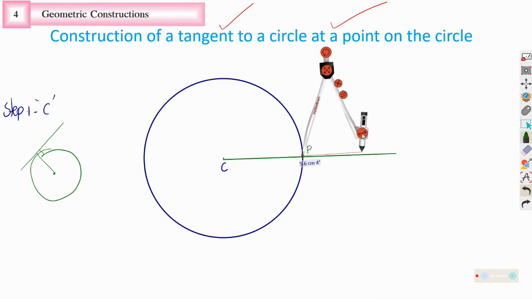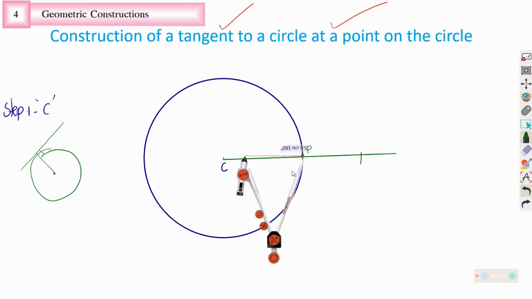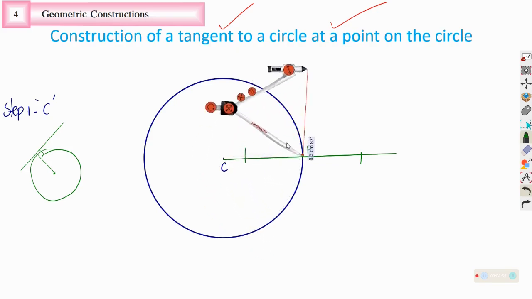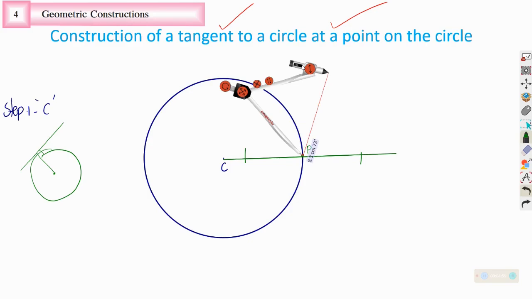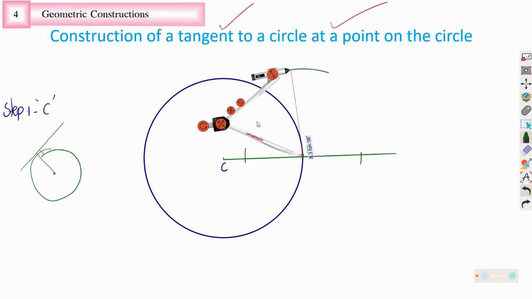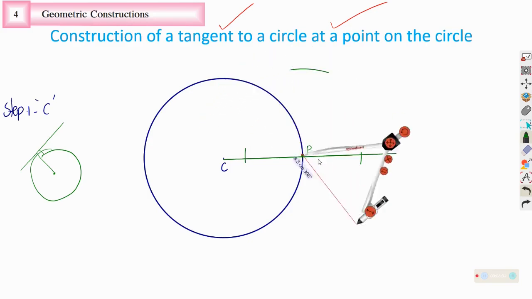So from the point I will start. Put an arc here. Put an arc here also. Then increase the size of the compass. You can draw an arc here. Turn the compass.